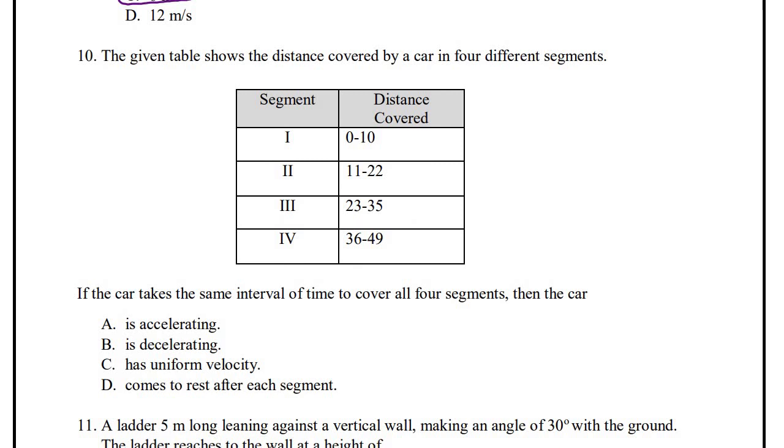The given table shows the distance covered by a car in four different segments. If the car takes the same interval of time to cover all four segments, then we have to identify the motion of the body.